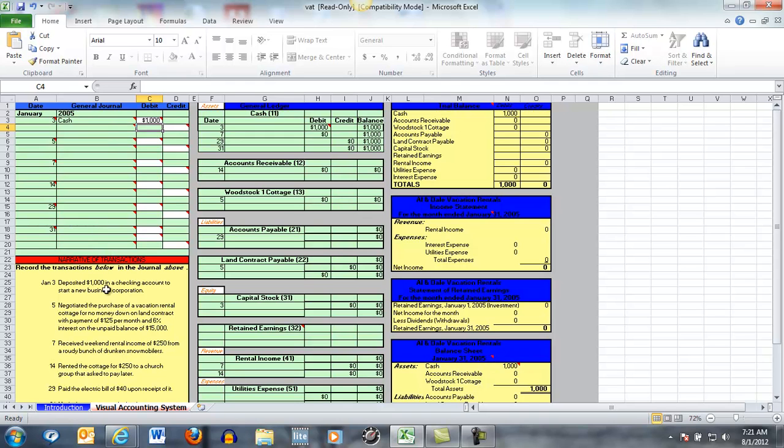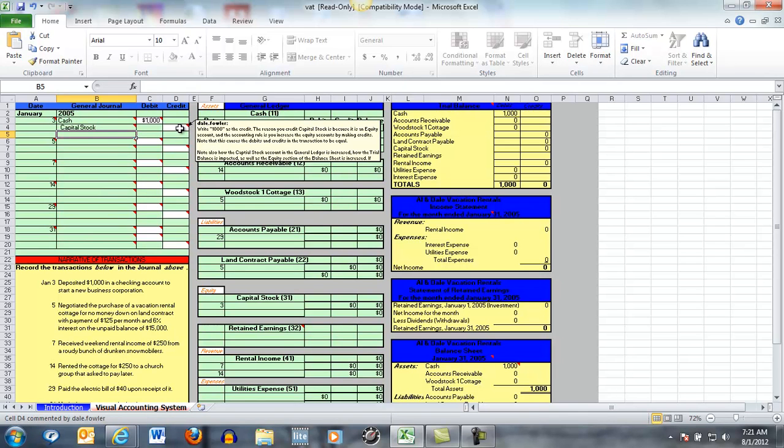Then the other half of the transaction: space over to the right two places, key in the name capital stock. And then come over here and put in the $1,000 credit. Bam, look at that. Capital stock is updated, posted to.